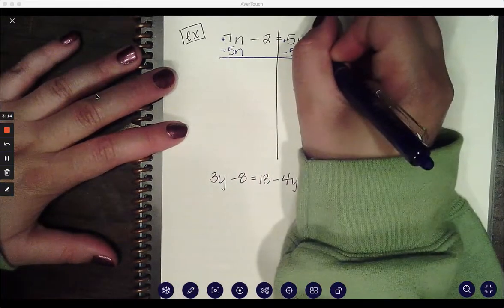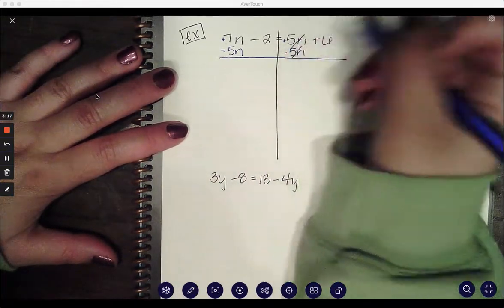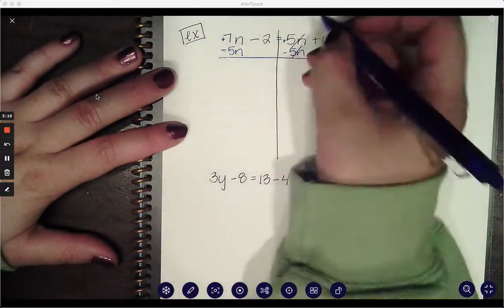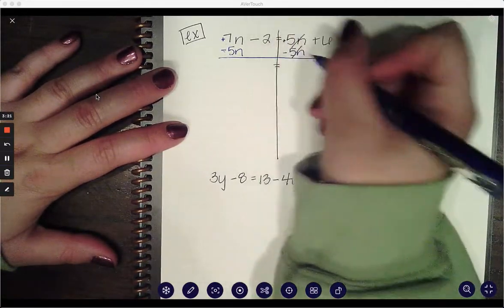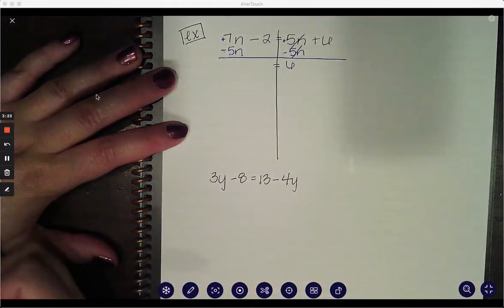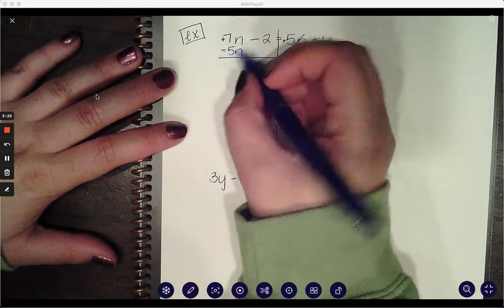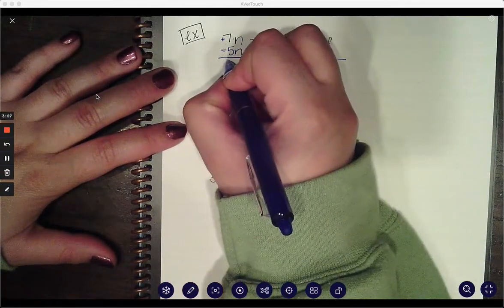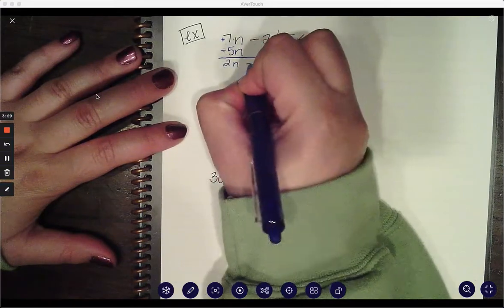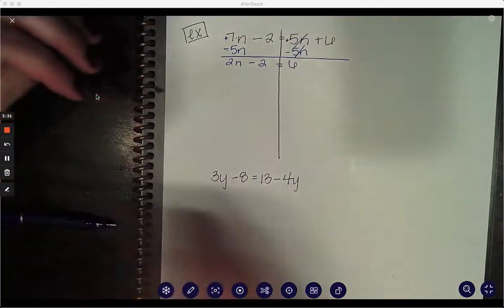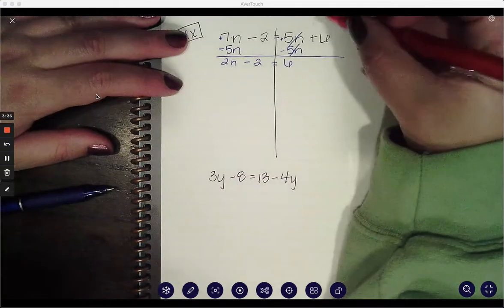Okay, so these are going to zero out, so I'm left with a positive 6, and we don't have to put the plus there, we can just leave it. 7n minus 5n is a 2n minus 2. And for those of you who are like, wait, what did she just do?